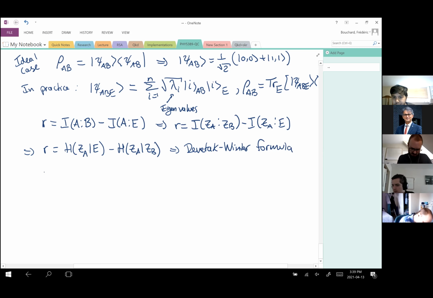And then if you expand that even more, you can write everything in terms of individual and joint entropy.